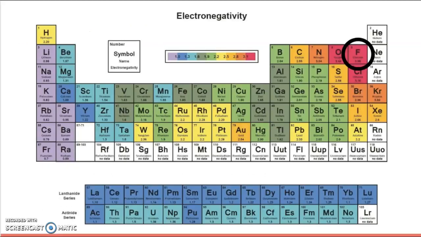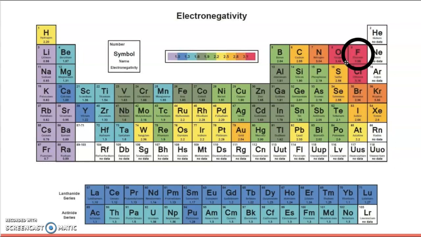I can have this periodic table here. So I have an electronegativity chart here, and it's color-coded. Red means it has the highest electronegativity, purple means it has the lowest. So I see here that most of my noble gases are not included.